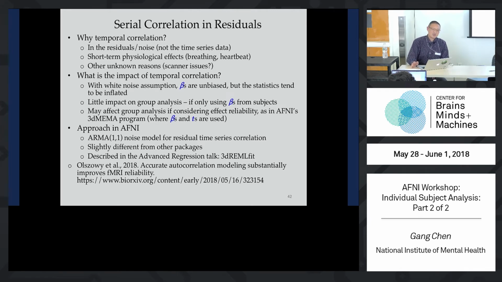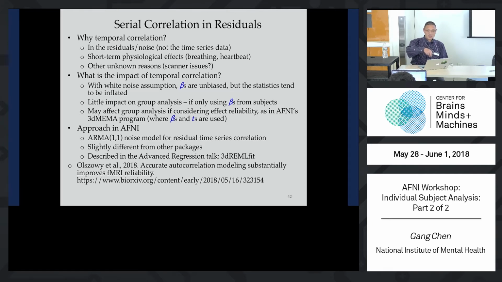Then you may ask, if the impact on the betas is negligible, why do we need to talk about it, right? Especially when we go to group level, most of the time people only take beta values. But there are a couple of reasons. Sometimes people do care about the individual subject analysis result. Why?